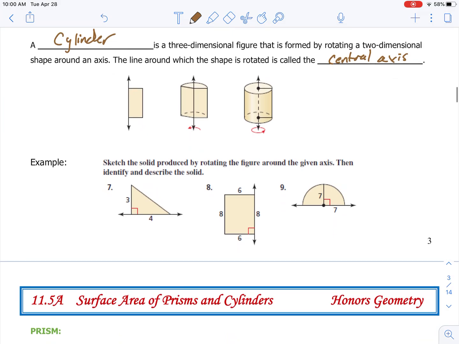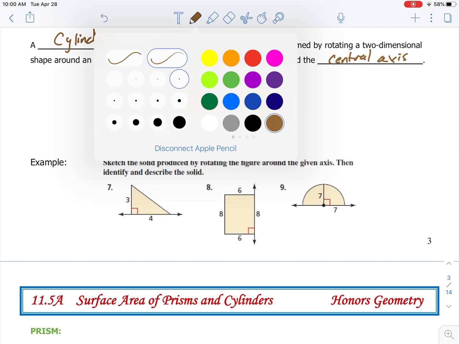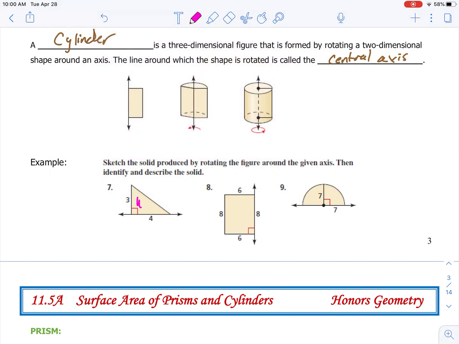So for example, if we were to take this particular shape and rotate it around, we would end up with a cone. We would have the triangular shape from the side, but it would be wrapped all the way around, which would give us a shape like that.